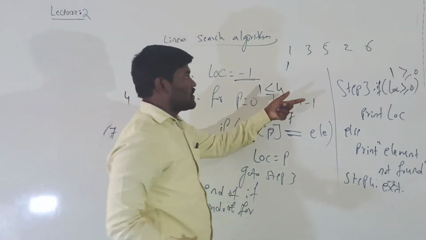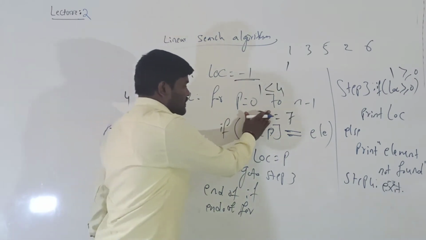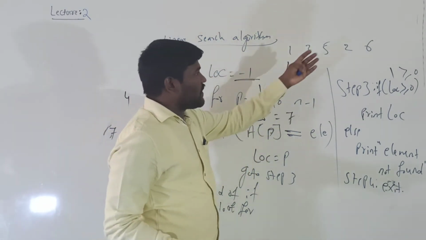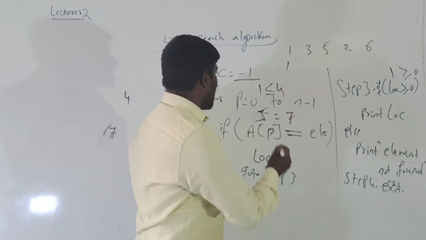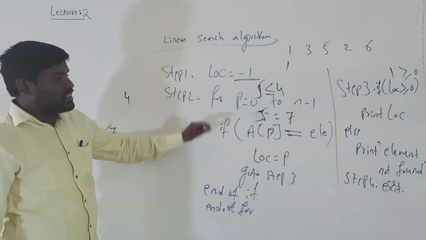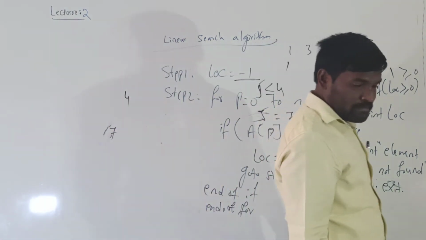First, 1 equals 7, false. Next, 3 equals 7, again false. Next, 5 equals 7, false. 2 equals 7, and finally 6 equals 7, false, and the P value becomes 5. 5 is less than or equal to 4, the condition becomes false, so it comes directly to step 3.